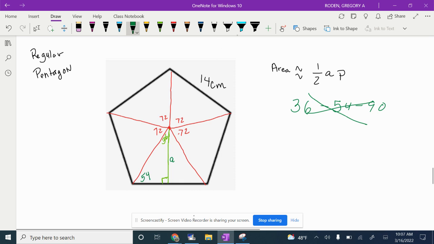The point here is certain regular polygons make you use the 30, 60, 90 rules and the 45, 45, 90 rules, but some of them only allow you to use trigonometry. So notice, guys, right off the bat, I didn't put an equal sign. I put an approximately equal sign because this is going to be a completely rounded answer. Okay, guys, with me on that?